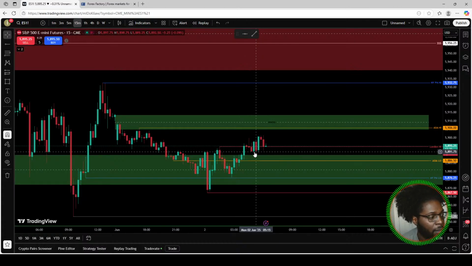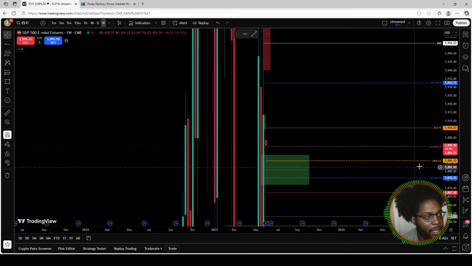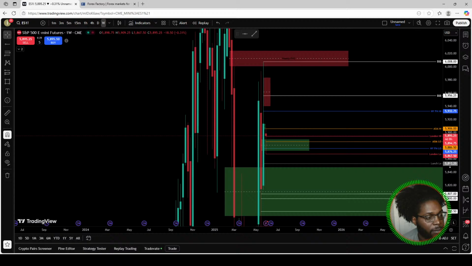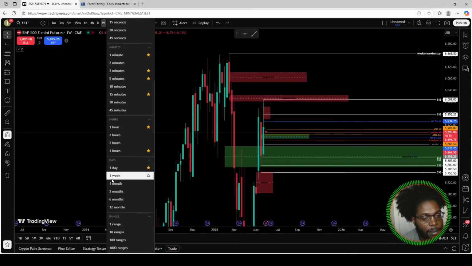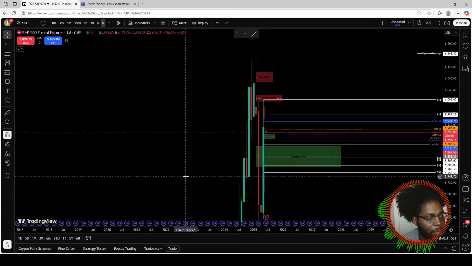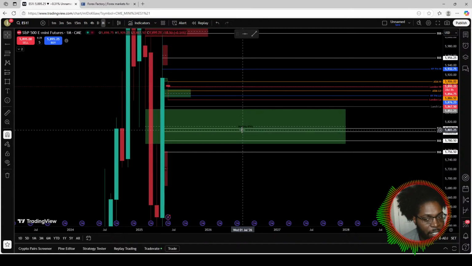I do feel like we could go a little bit lower too, because if we look at the weekly, is it the weekly? It's not the weekly, I think it's the monthly. So that'll take time to play out anyways. But on the monthly, you see we have this monthly IFVG, which is an inverse fair value gap.